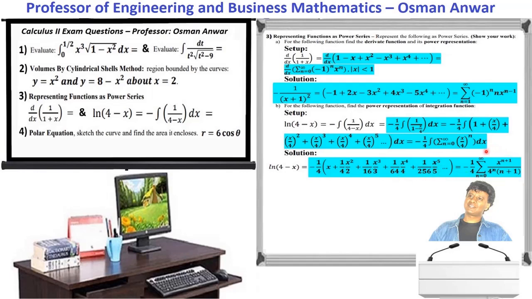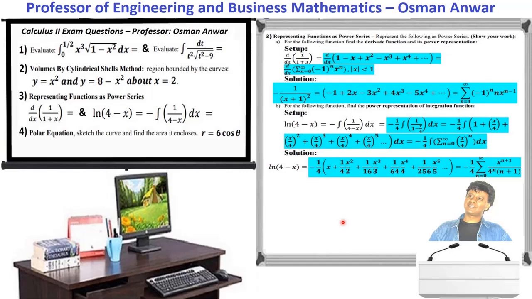Then this can be written in sum notation, minus 1 over 4. The x's are x to the n plus 1, they are increasing by 1, and the 4's are increasing by powers, that's 4 to the n. Then you have 2, 3, 4, 5, which is n plus 1.